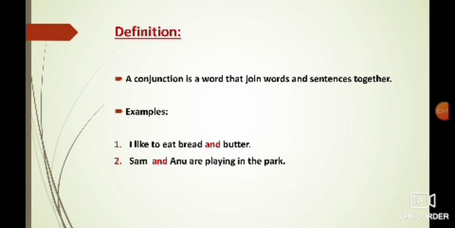For example, I like to eat bread and butter. Here, bread and butter is joined. Sam and Anu are playing in the park. Again, Sam and Anu together they are playing in the park.